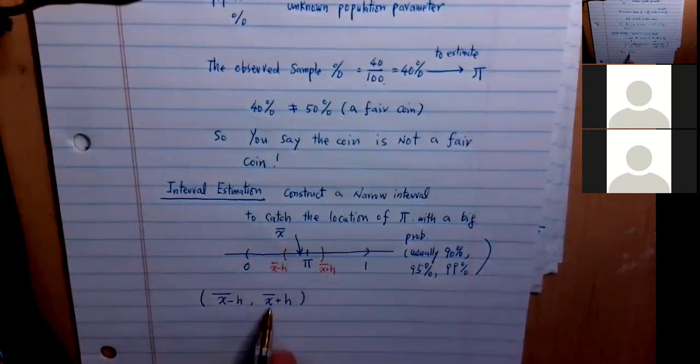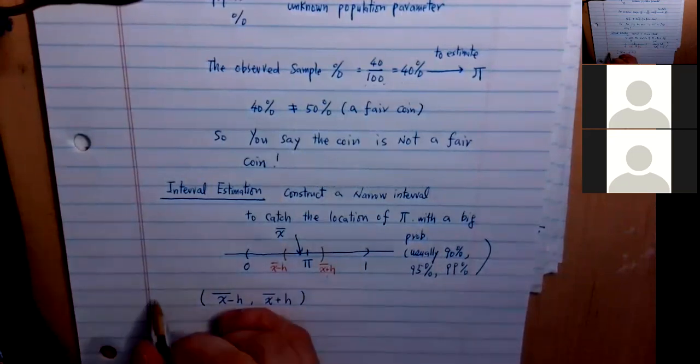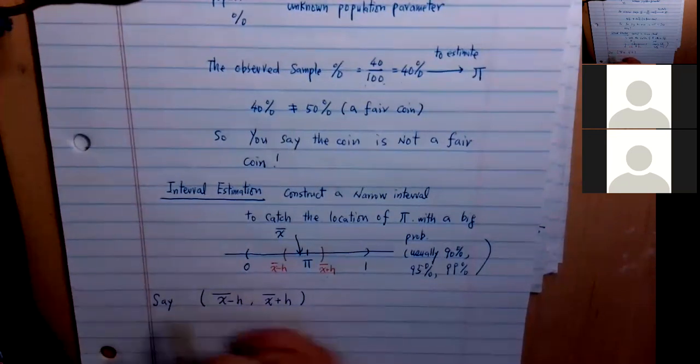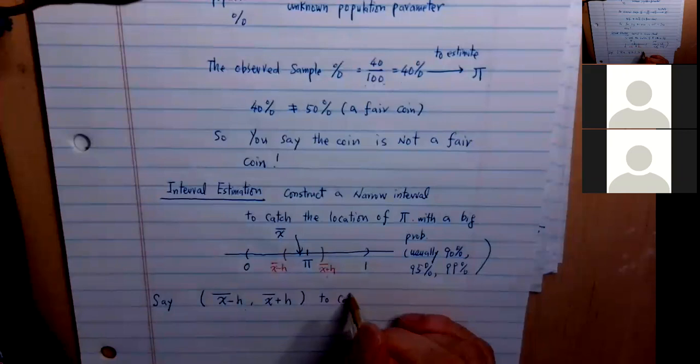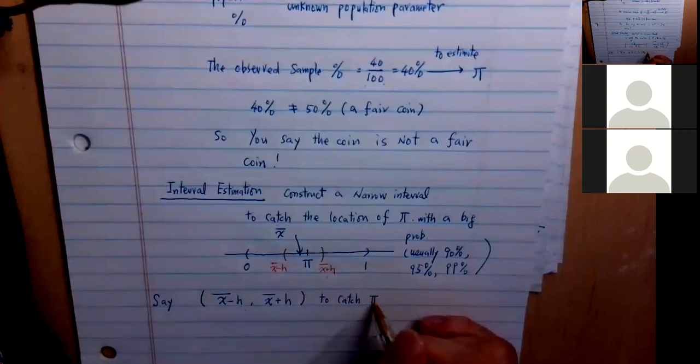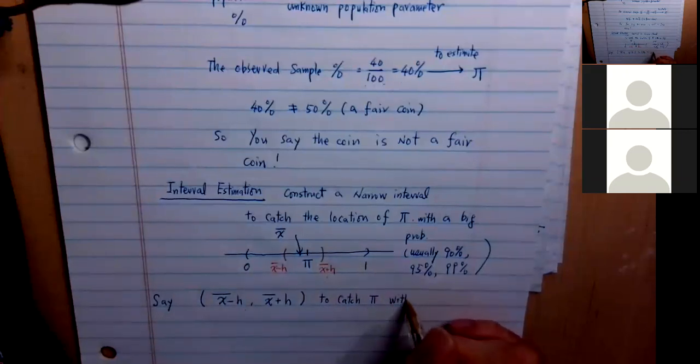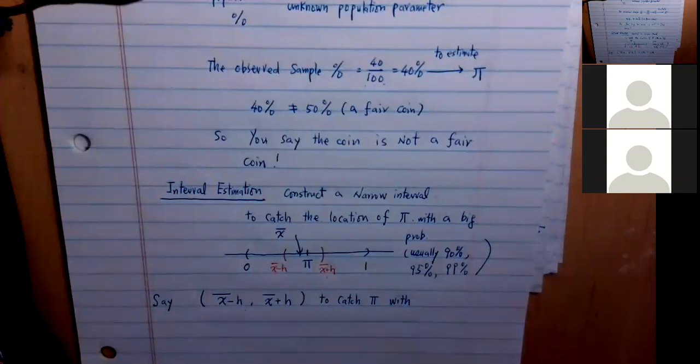You try to construct this interval to catch pi with, say, 95% chance.